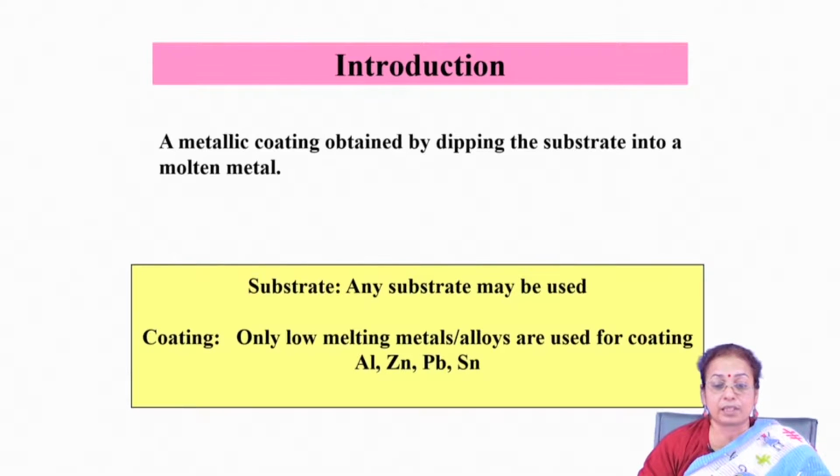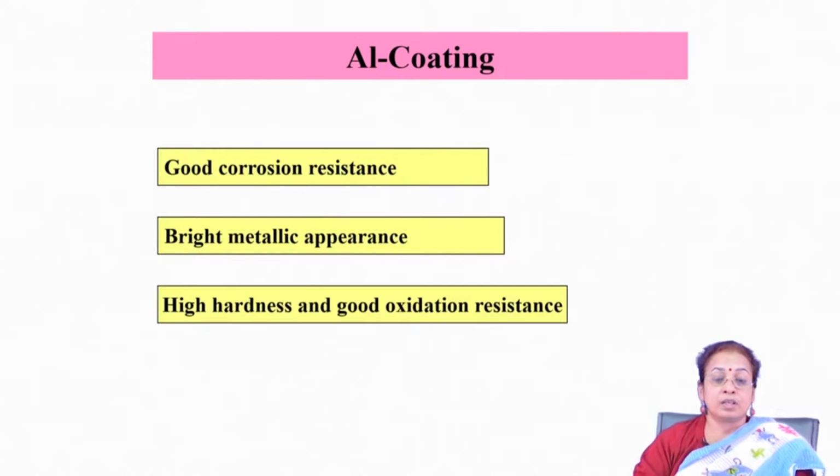These hot dipping techniques are specifically applied for the development of coating either for reducing the coefficient of friction or for corrosion resistance applications. It is not really applied for hard coatings for wear resistance applications. So, we will discuss different coatings.